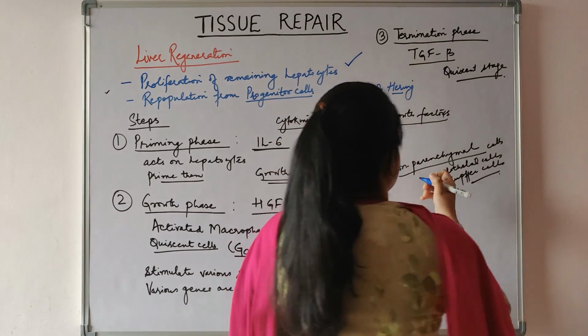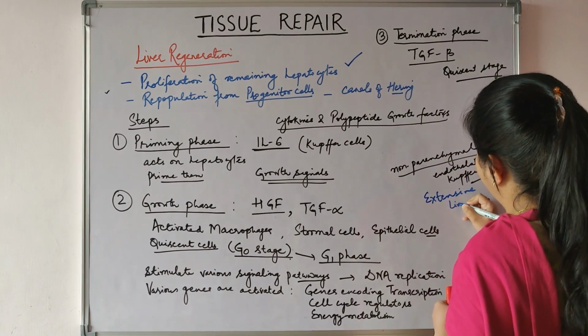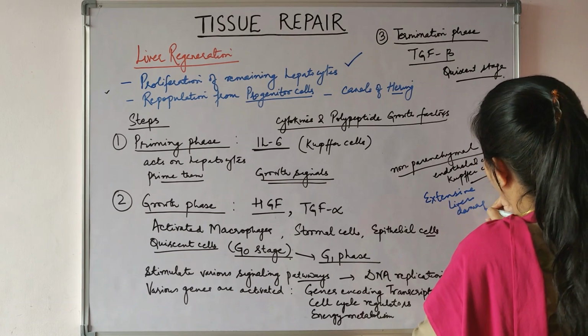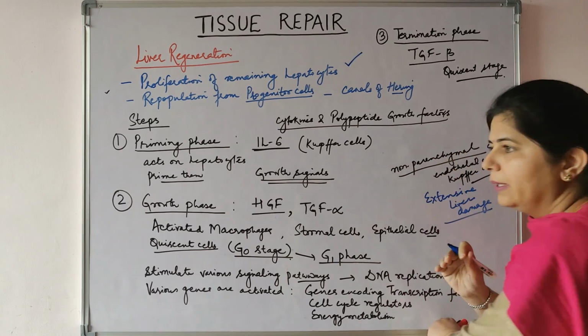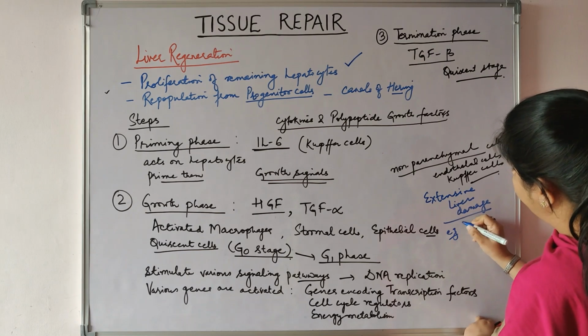Now, if there is extensive liver damage, what will happen? Will the repair occur by regeneration? Let's take the example of liver abscess.